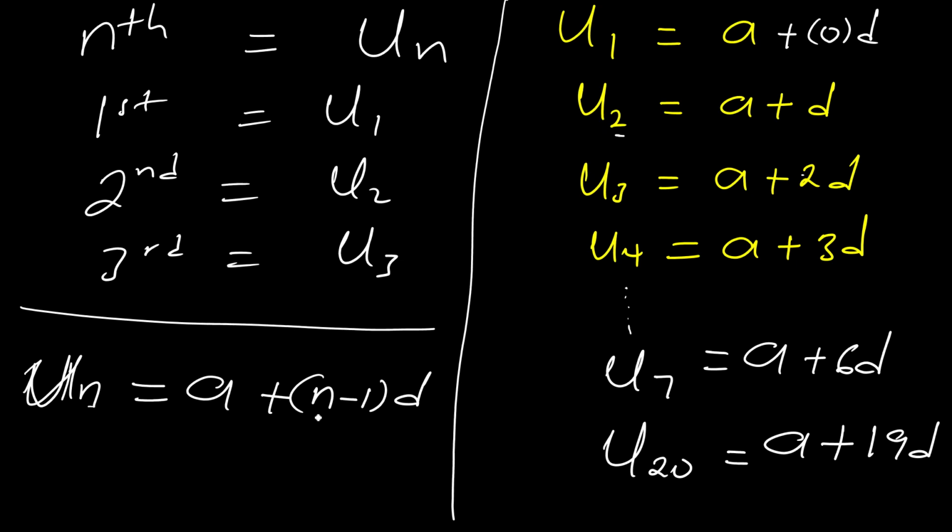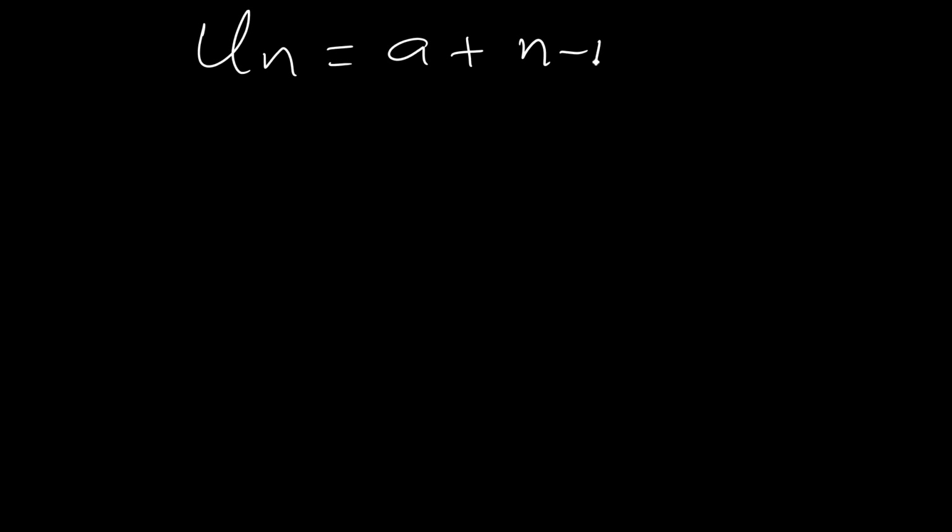So that is the general formula for an AP: Un equals A plus (n minus 1)D.